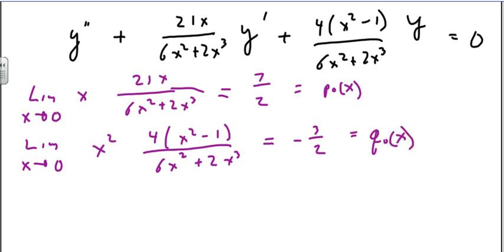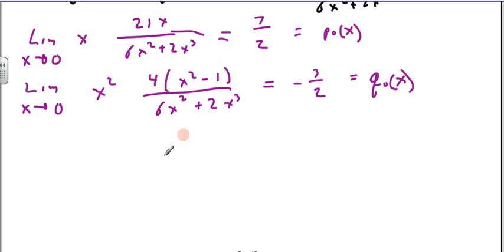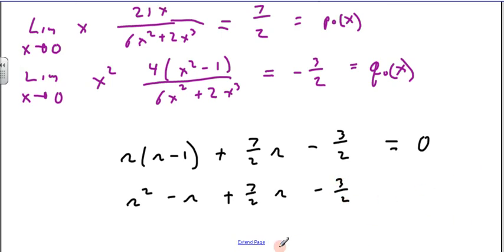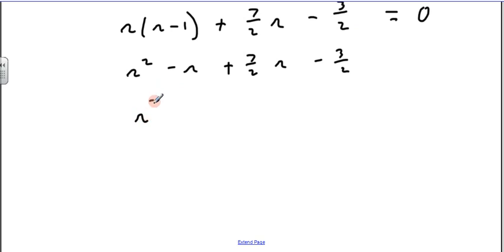Then I'm going to look for my two r's: r minus 1 plus 7 over 2 r minus 3 over 2 has to equal 0. So I've got r squared minus r plus 7 over 2 r minus 3 over 2, which is r squared plus 5 over 2 r minus 3 over 2.